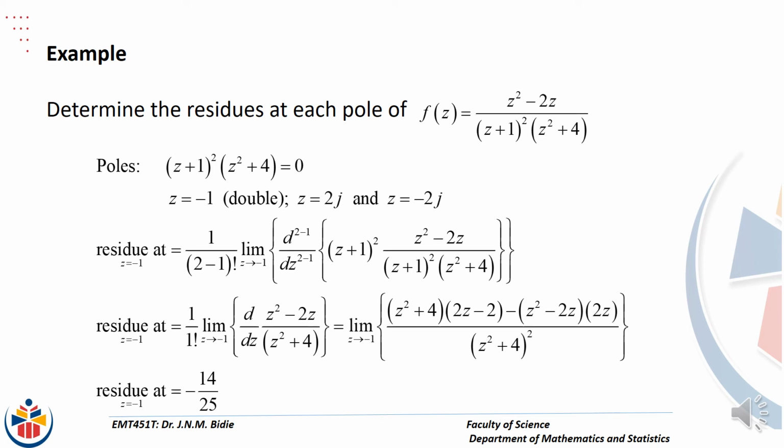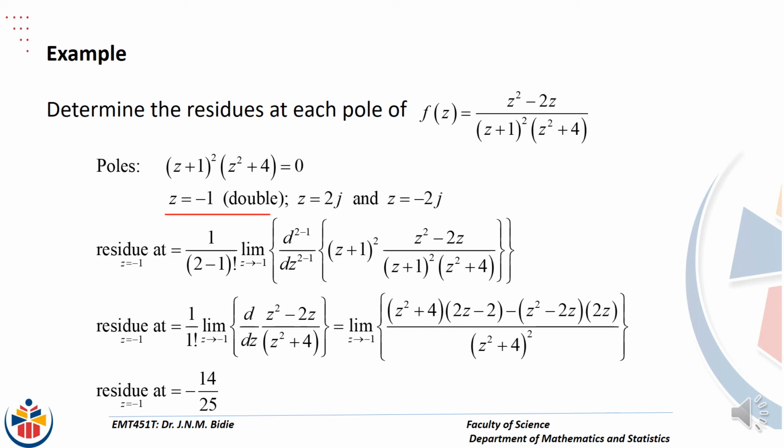Note that we have to find the poles when we want the residues, because we're substituting the poles into the formula. So we have z plus 1 all squared into z squared plus 4 equal to 0. And then we solve. So now we note that z equal to -1 is a double pole. So m is equal to 2.